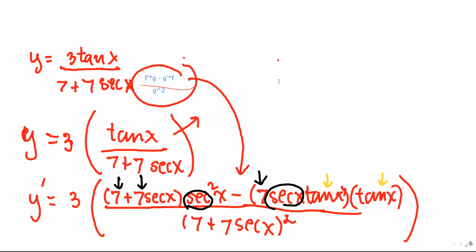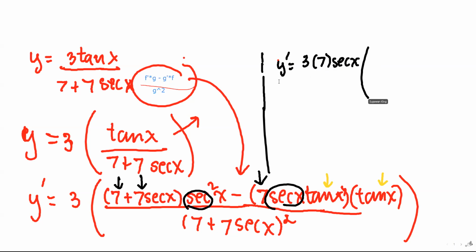So I'm sure you guys are okay finding the derivative of the small one. So for this, y prime equals 3, and we have the common 7, then we're going to take it out, and also one factor of the secant. Okay, so in the parentheses, we take 1 out of the 7, so we have 1 plus secant x multiplied by another factor of the secant x.